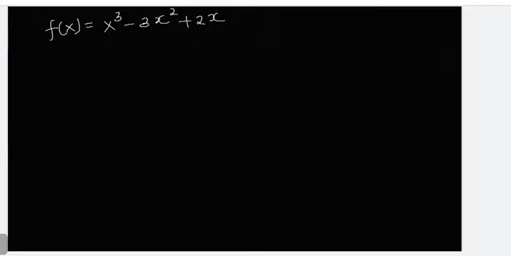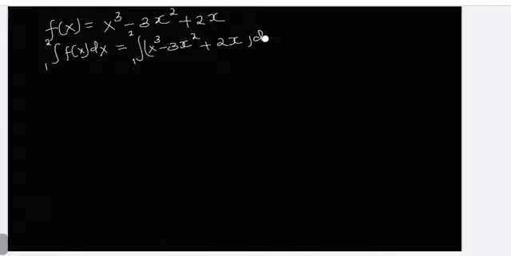So the first thing we are going to do is find the definite integral from x equals 1 to x equals 2 of f of x with respect to x, and that is equal to the integral from 1 to 2 of x to the power of 3 minus 3x to the power of 2 plus 2x with respect to x.